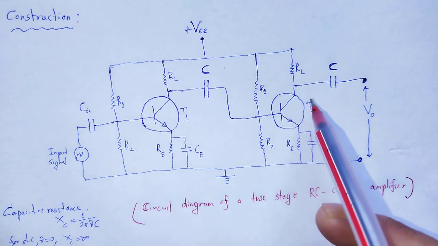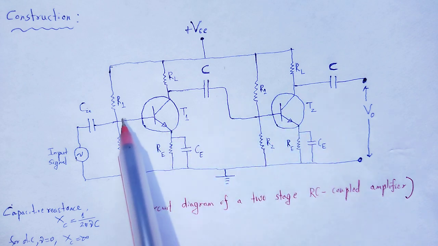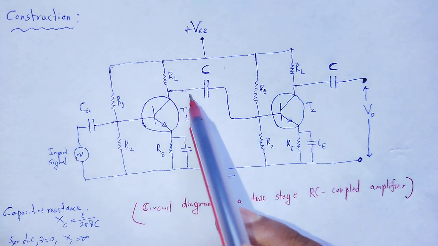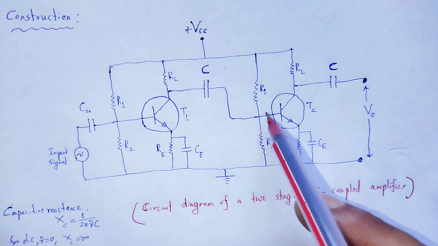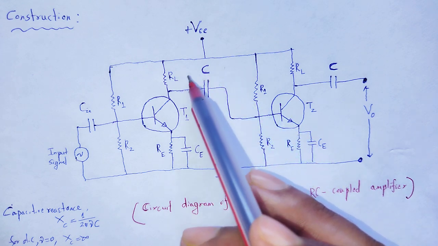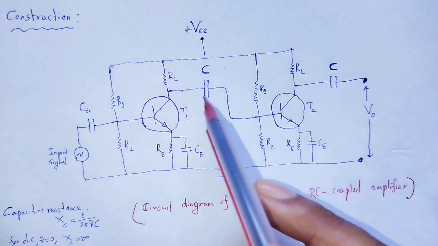One transistor, another transistor. This is the output of the first transistor and the input of the other transistor. These two are coupled by a coupling device, a capacitor.